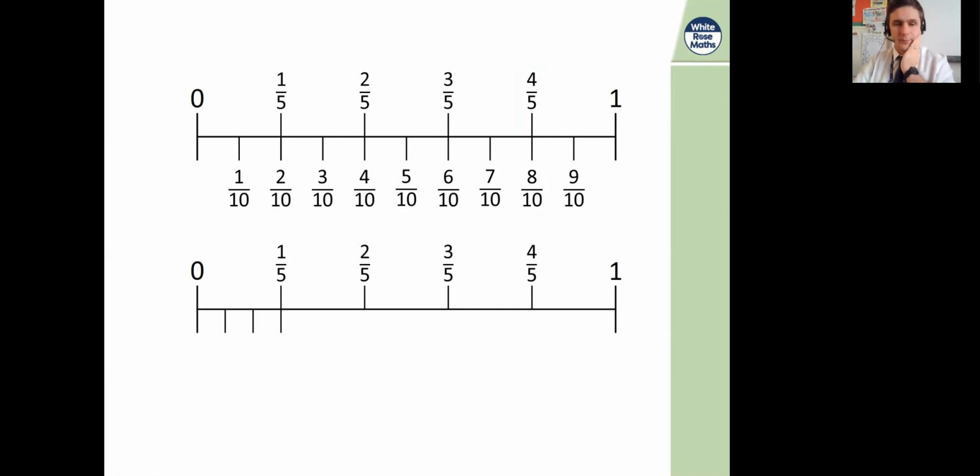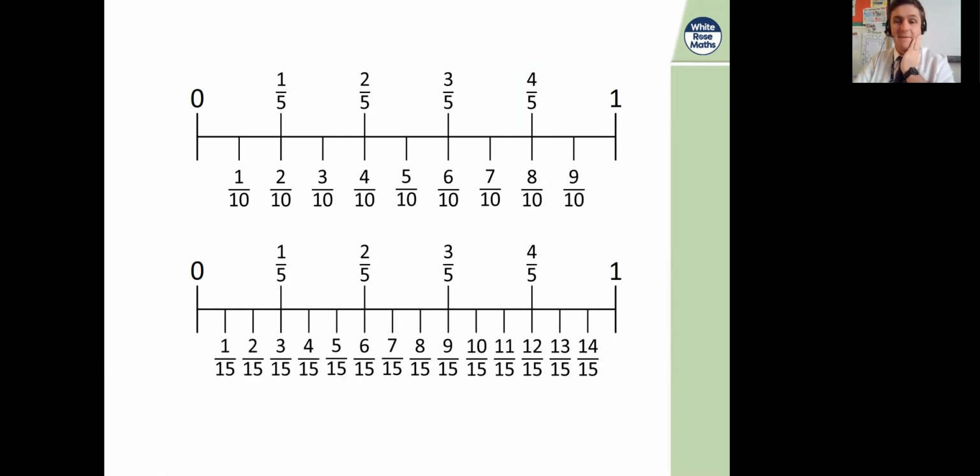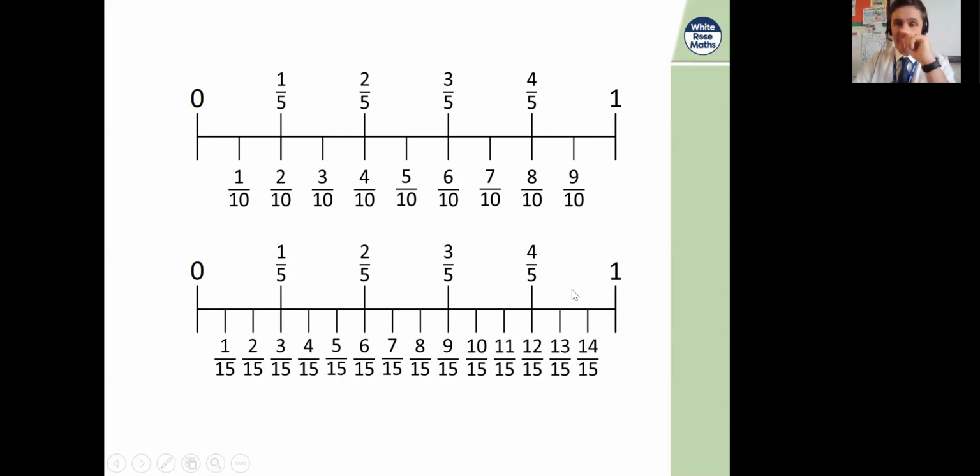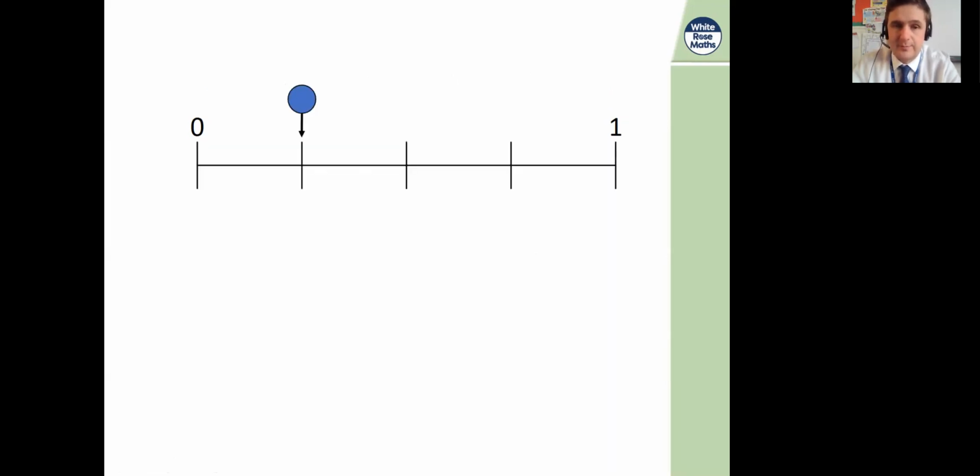What's that going to be? Well done if you said 15ths, because each section here will be 3 of, and there's 5 sections, 3, 3, 3, 3, 3. 3 times 5, 15, or 15ths. And you can see that 1/5 is equivalent to 3/15. 3/5 is equivalent to 9/15.